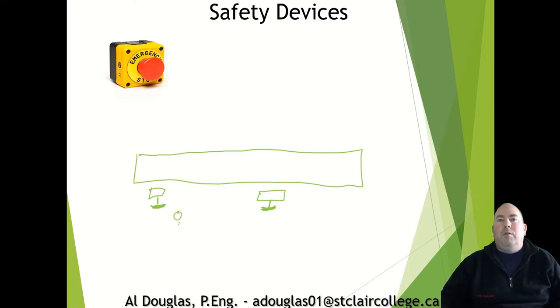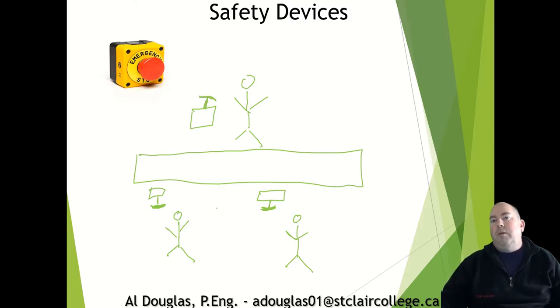So basically everywhere you've got somebody working, you should have an EStop that they have access to. So if you've got 3 people working on this machine, there should be 3 stations with EStops on it within reach, one within reach of each person working.